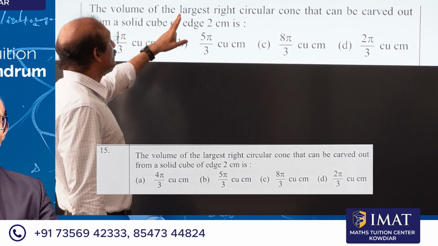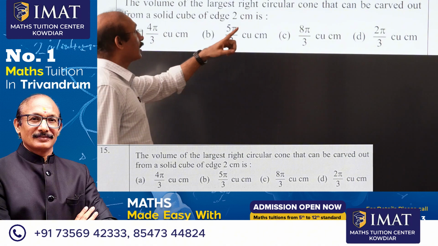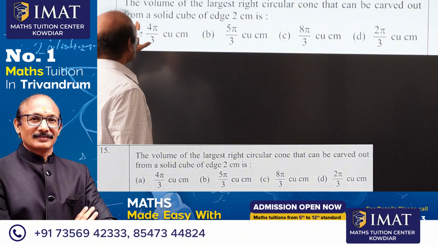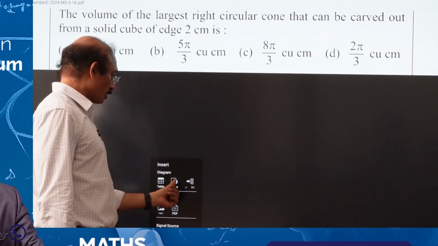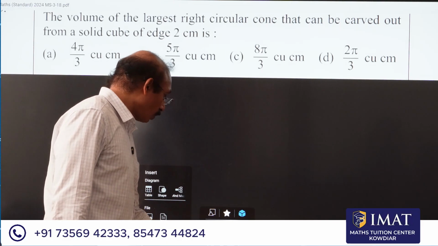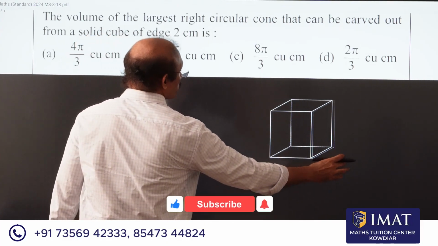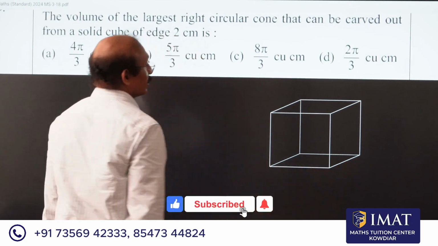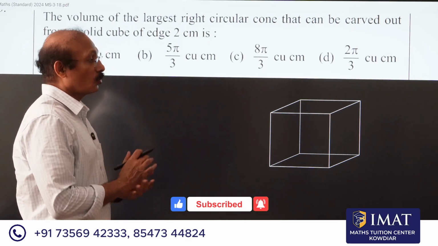The volume of the largest right circular cone that can be carved out from a solid cube. So see, you're carving out a cone from a solid cube. Just I take this as a cube. Now from this cube, we are going to take the largest cone possible.